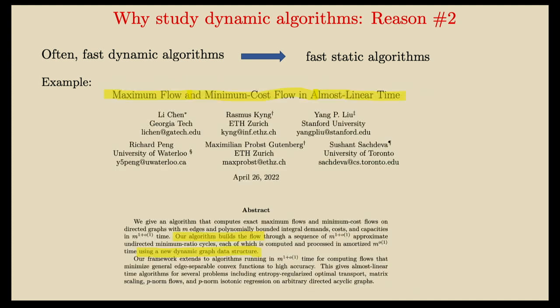And just yesterday, we had this excellent tutorial from Rasmus, which talked about this breakthrough result, max flow in almost linear time. And you would have noticed that a large part of the tutorial was devoted to dynamic graph algorithms. So, if you care about static max flow, you should also care about dynamic graph algorithms a bit.